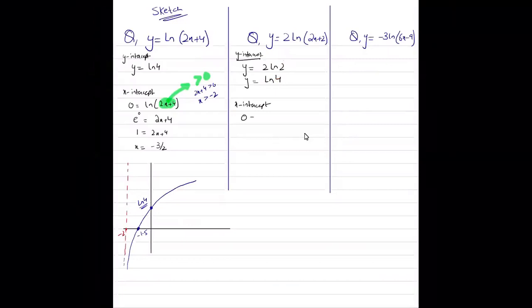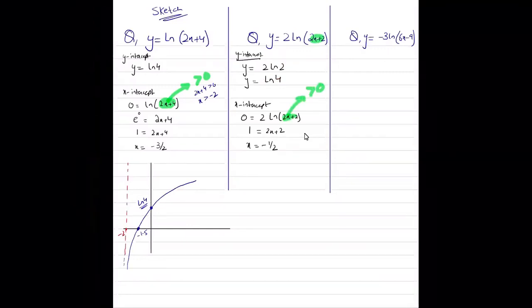The x-intercept is going to be, so 0 divided by 2 is 0, e to the power of 0 is going to be 1. So x is going to come out as 1 minus 2, is minus 1 minus half. And the range of values of x for which this function is defined is 2x plus 2 greater than 0.